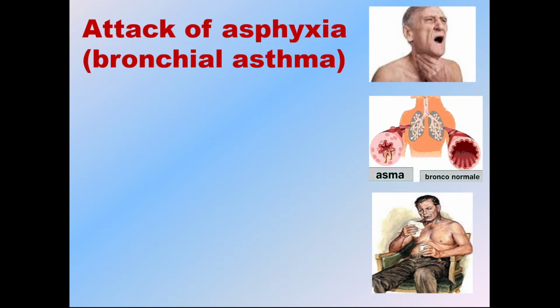First of all, a patient with attacks of asphyxia immediately changes position, completely sits up, in a position which is called orthopnea. And usually he slightly presses his extremities on any stand. It may be a bed, it may be a chair.